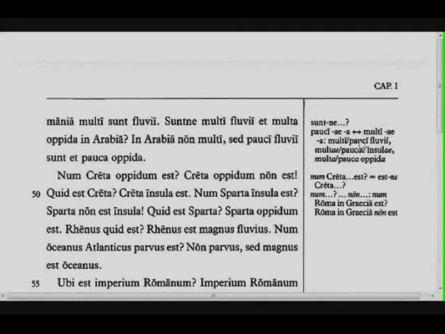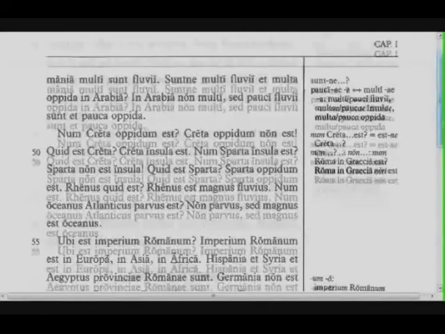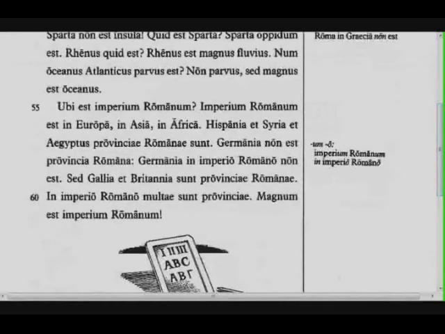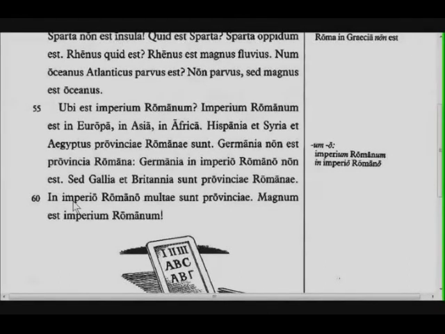And the last grammar point I have to make in this chapter is in line 60. So notice here that you have imperio and imperium above each other, right next to each other, juxtaposed. So in imperio Romano and imperium Romanum, the difference here is the same as you saw at the very beginning of the chapter, where you saw in Italia and then just Italia, except that here instead of a long A you have a long O. It's triggered in the same way by the preposition in.